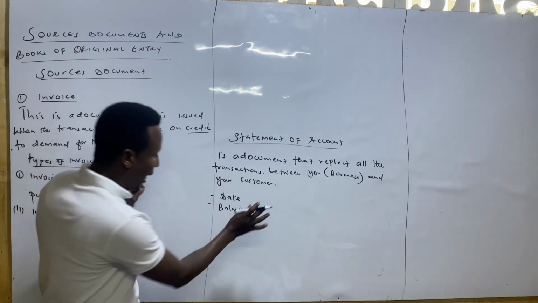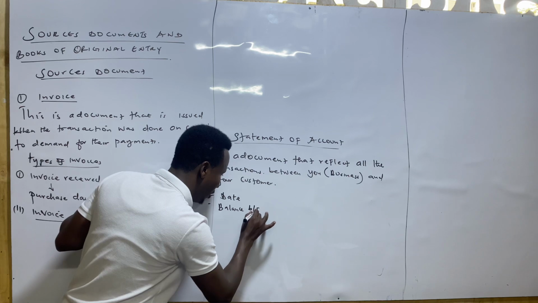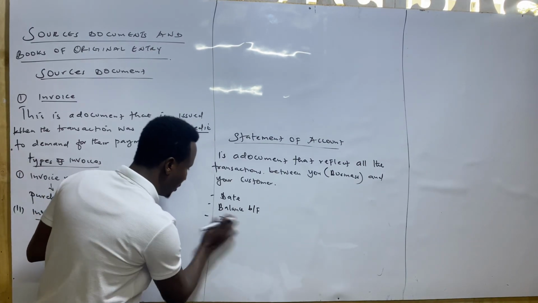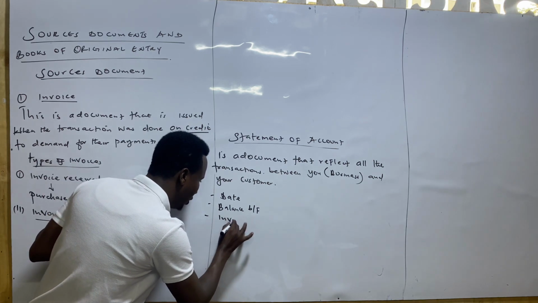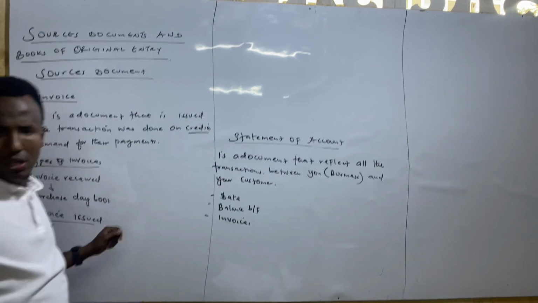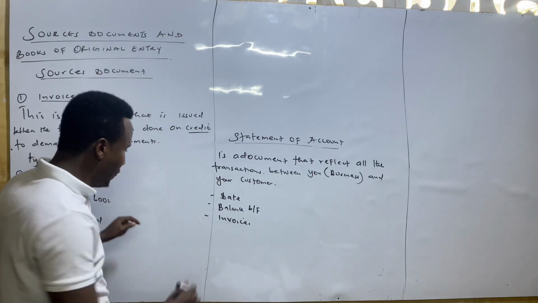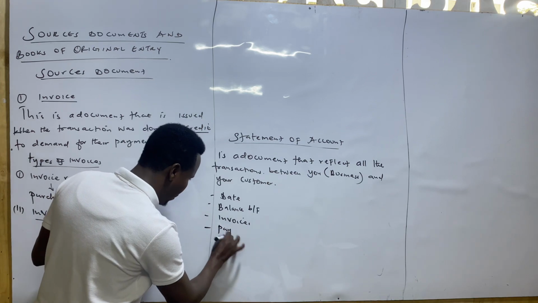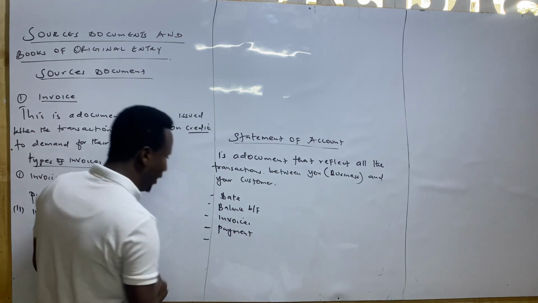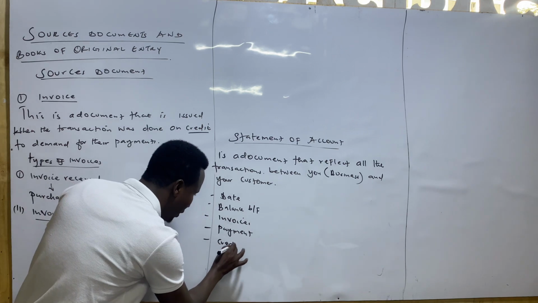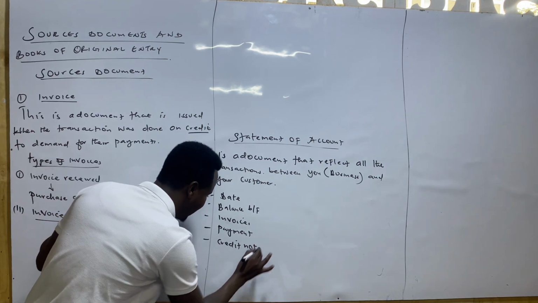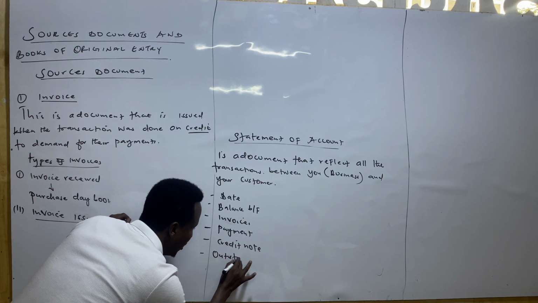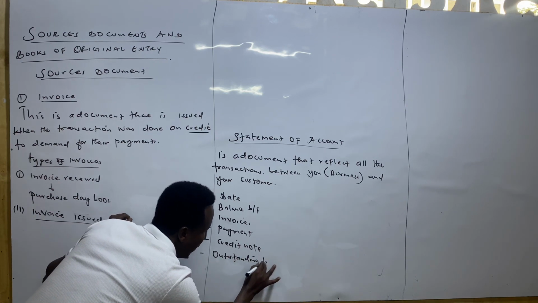We call it balance brought forward. After that, we'll be having the invoices, then payment, then we may also have a credit note. Then we will be having the outstanding balance.